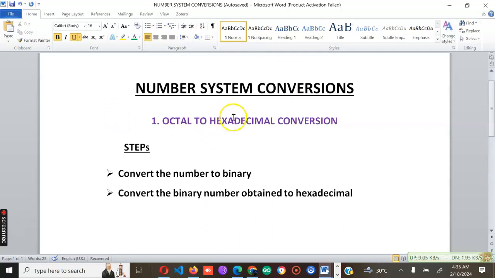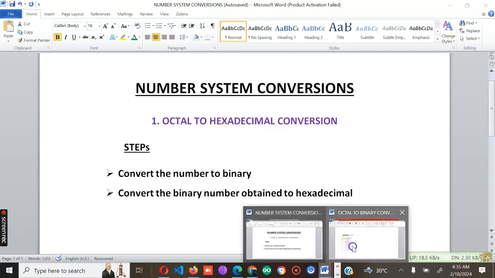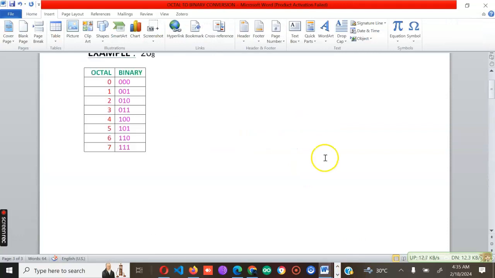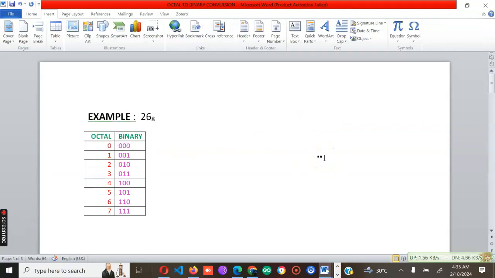Remember the decimal is supposed to be from 0 to 9. Then from 9, we have the A, B, C, D, E, and F. For the A, it stands for 10, B, 11, C, 12, D, 13, E, 14, F, 15. Okay, because of time, let's move to the example directly so as to avoid wasting a lot of time.